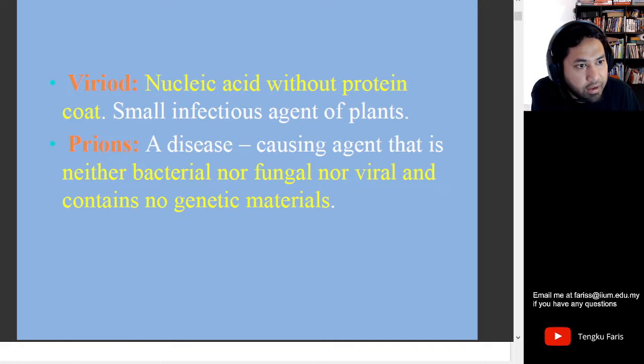Some viruses don't have this coat, so we call it virion. Small infectious agents of plants. Prions are a type of disease-causing agent that is neither bacteria, nor fungal, nor viral, and contains no genetic material. It's the disease, not the particle from the virus or bacteria or any other fungus.